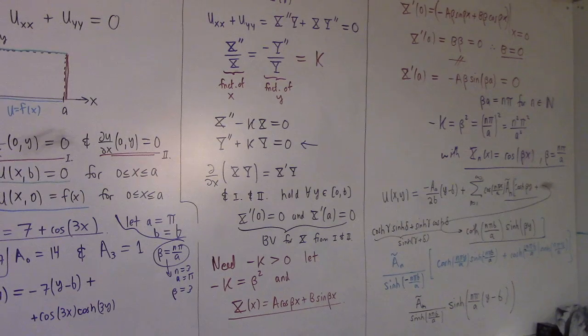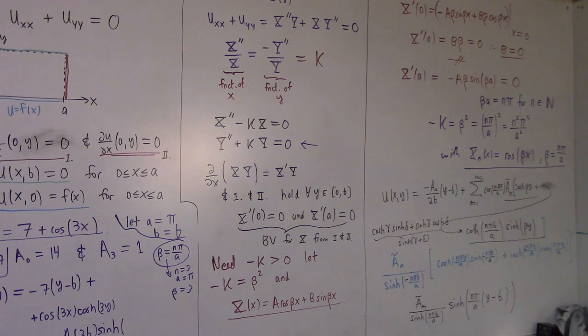And then, let's see here. And then plus the coth of 3b. What's that? 3b. It's 3b? Okay. Coth of 3b, sinh of what? 3y.